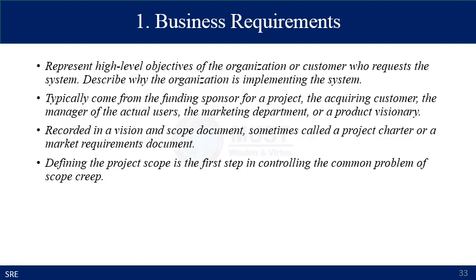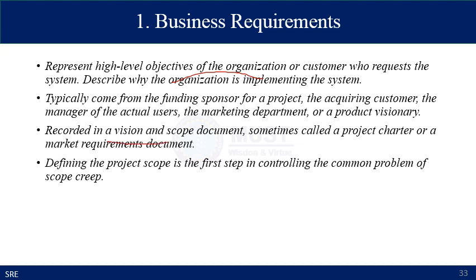So let's look at each type briefly, and the first type referred here is the business requirement. Again, business requirements represent high level objectives of the organization or the customer who requests the system. Typically, it comes from the funding sponsor for the project, or a customer wanting to buy from you, or the manager of the actual users.